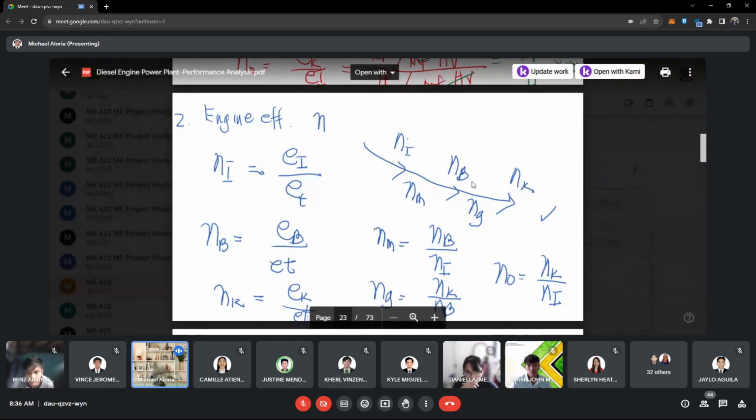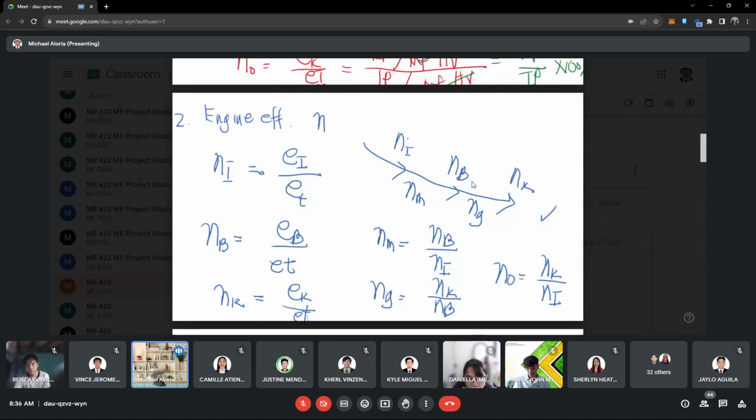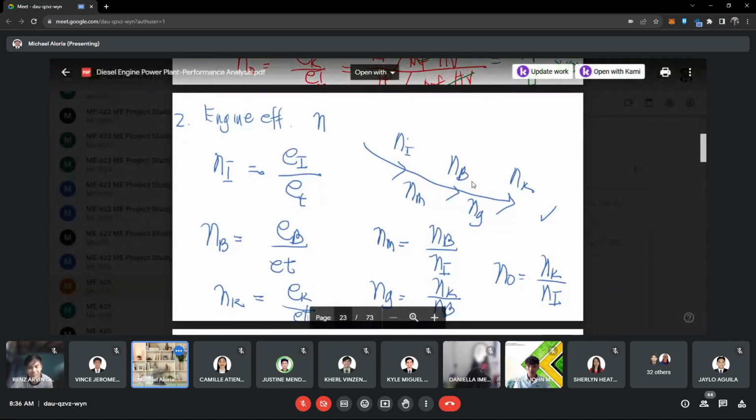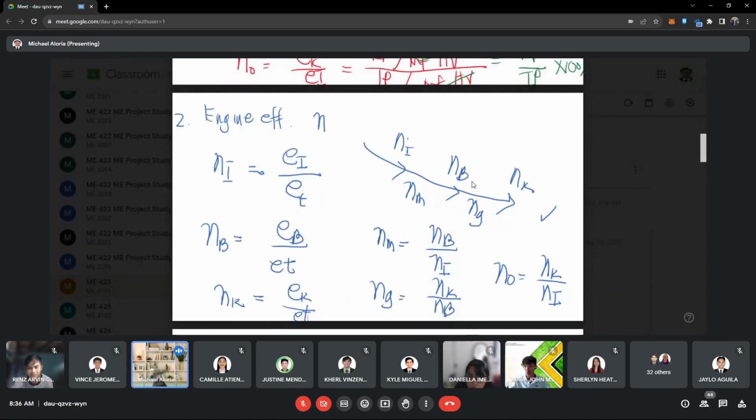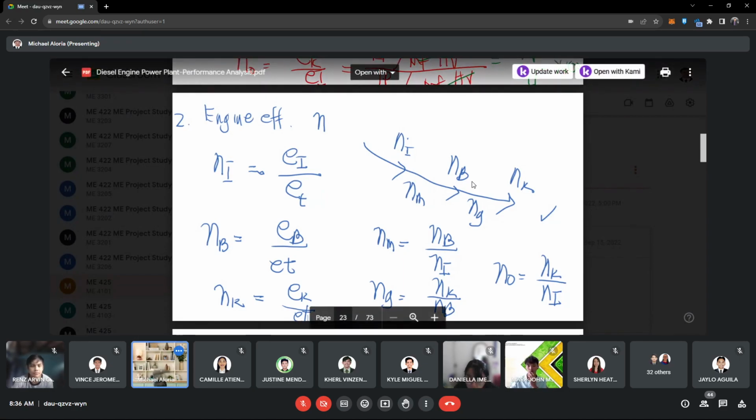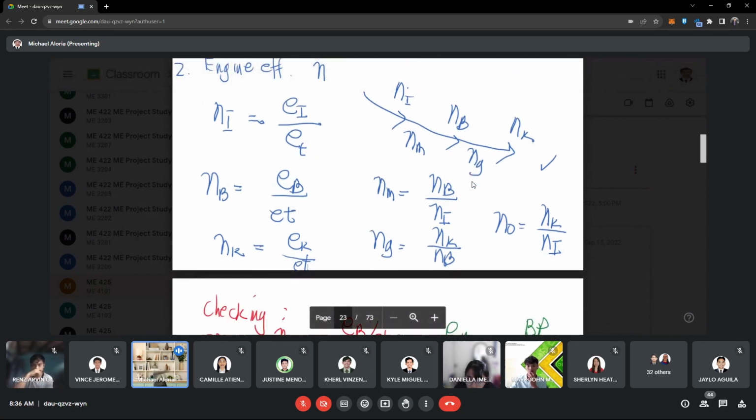Take note, the diesel engine, no, develops mechanical energy which shall be converted into electrical energy. So, hindi pwedeng bumalik. Laging from indicated, nagiging brake, nagiging combined. Okay? So, ganun. So, NB over NI. NG is NK over NB. NO is NK over NI.